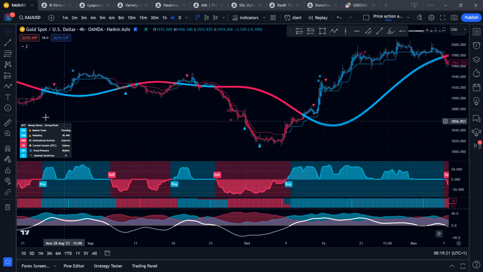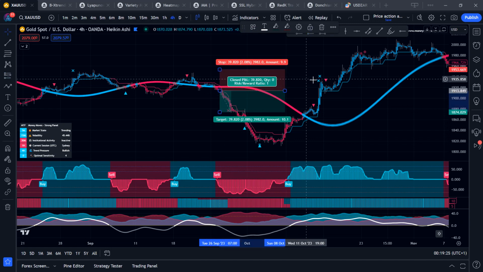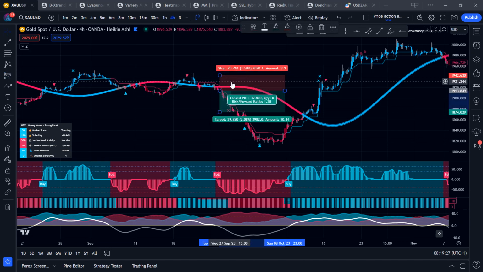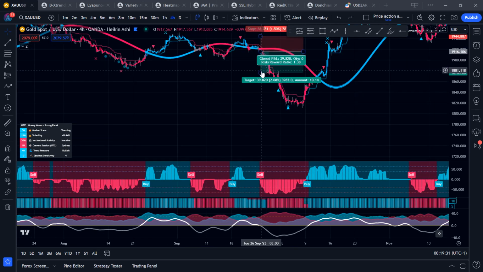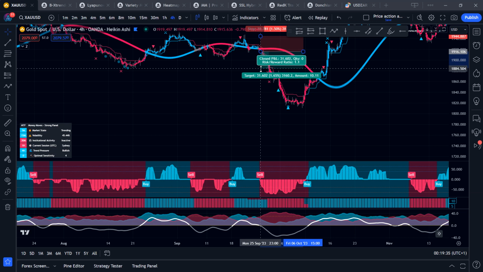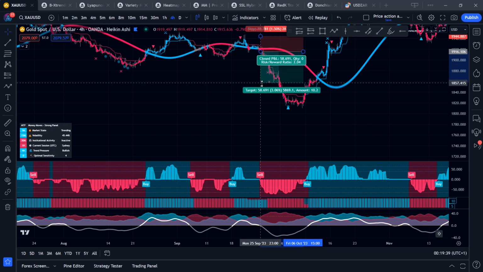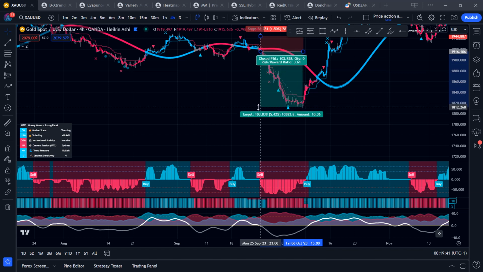And if all of those criteria are met, we enter for a sell, set our initial risk to 1 to 1, then 1 to 2, then 1 to 3, or yeah.